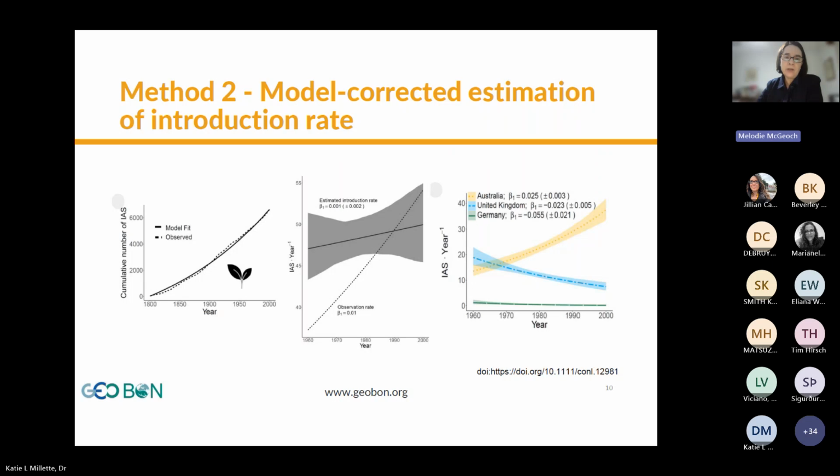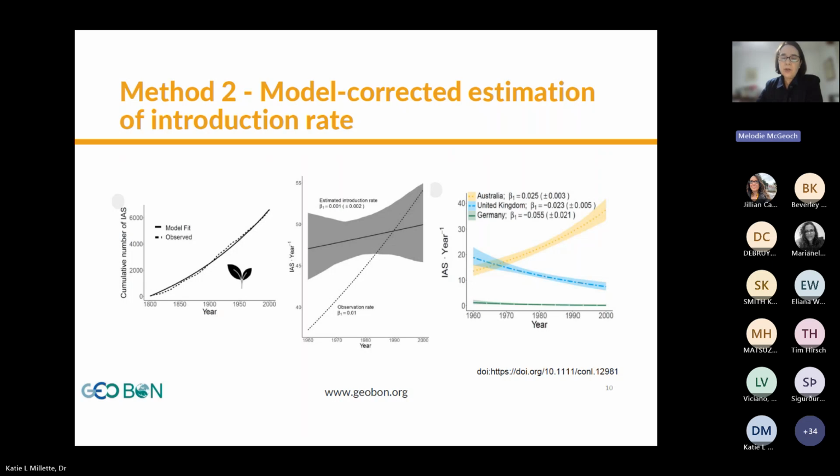So the B1 value is the introduction rate, and you can see that it is much higher for the naive observed data than it is for the actual model data. So when you model this introduction rate, it actually shows that the rate of introduction is slower than one would conclude if one were not to correct for this problem of survey effort.